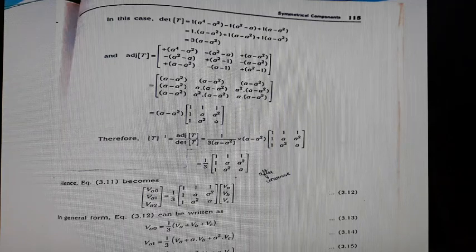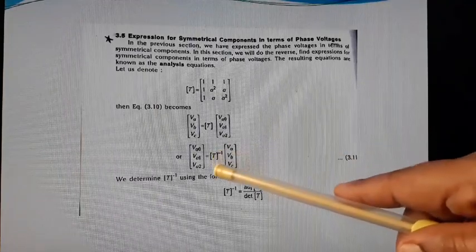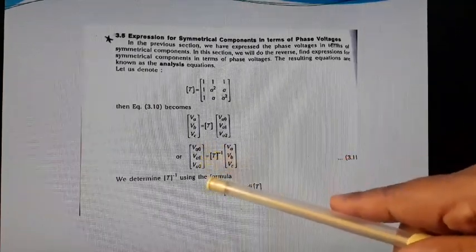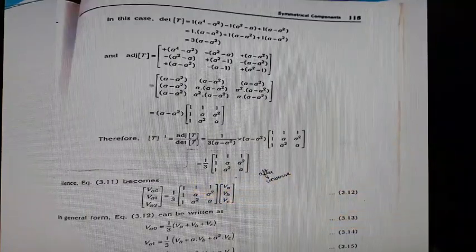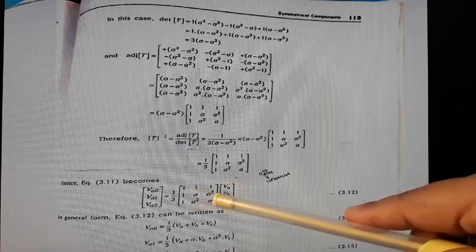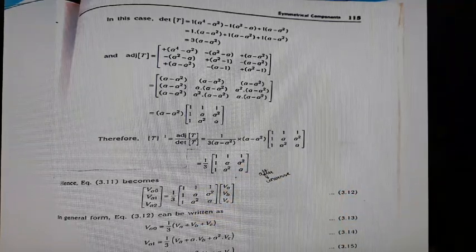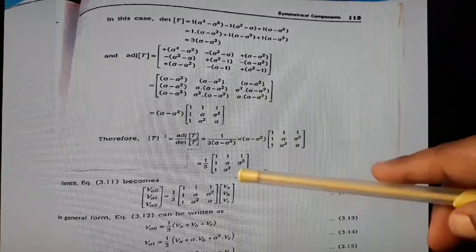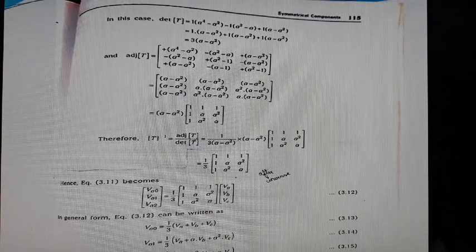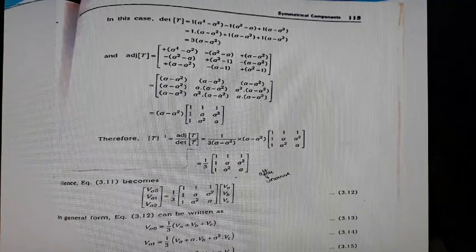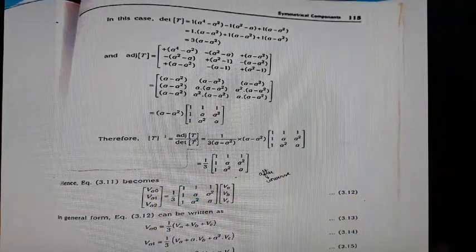Therefore Va0, Va1, Va2 equals T inverse, which is 1 by 3 times 1 1 1, 1 a a square, 1 a square a, into Va Vb Vc. If the voltage phasors Va, Vb, Vc of the unbalanced system are known, then its symmetrical components can be found using this relation.